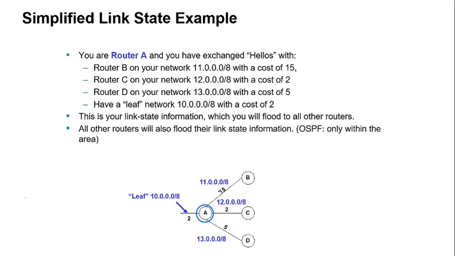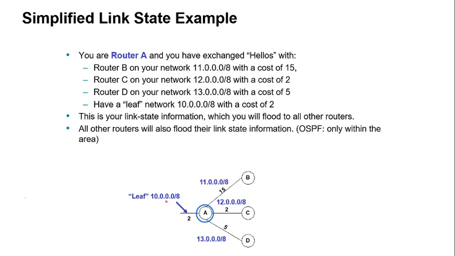So it will say that I am connected to B via this interface, which has an IP address of 11 point something, and it has a cost of 15. And I am connected to C, which has a cost of 2 using this IP address, and similarly to D. And I have a leaf with this cost and this IP address as well. So it will broadcast this information to all the other routers.